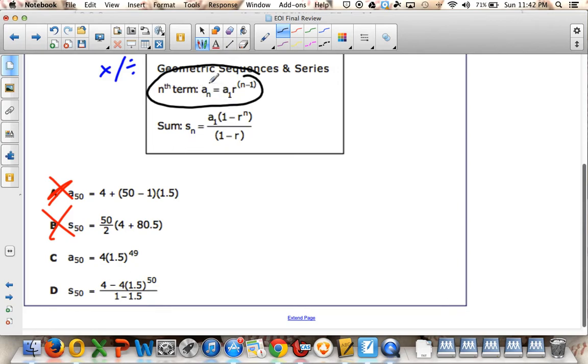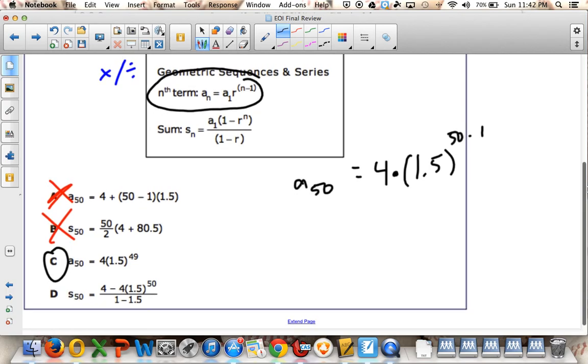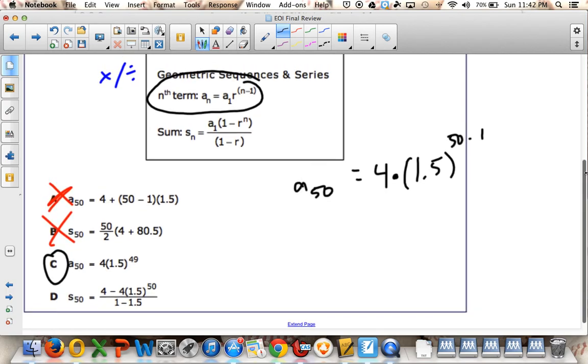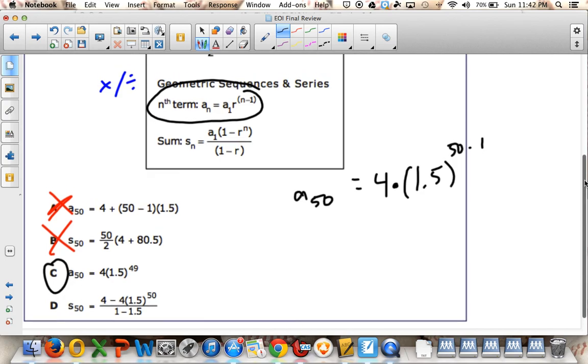A sub n is going to be the term I'm trying to find, which is A sub 50, equals A sub 1, which is my first term, which is 4, being multiplied by my common ratio, which is 1.5 or 3/2, same thing. And then I have n minus 1, which is 50 minus 1. So on this one right here, I have C as an answer. It doesn't even ask me to determine what the 50th term is. It just asks me to find the formula I'm going to use.